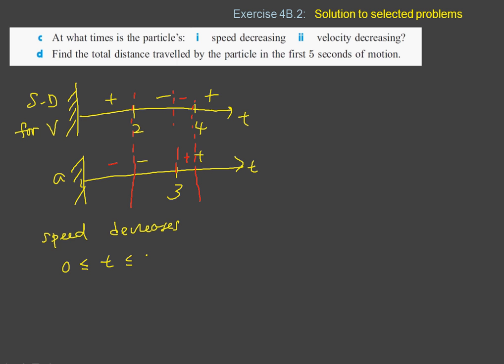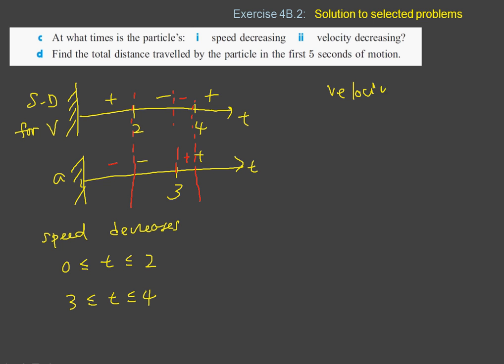So time between 0 and 2, and also between 3 and 4, if you check carefully, the acceleration is positive here, but for velocity the sign is negative between 3 and 4, so they have opposite signs. So you have answered this.